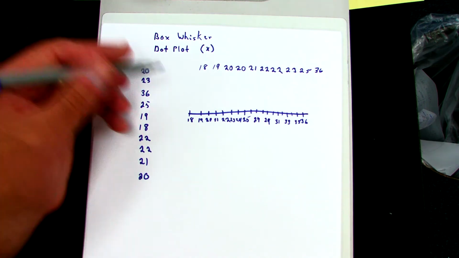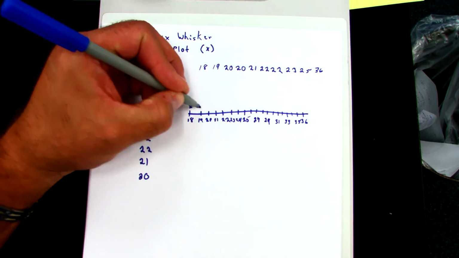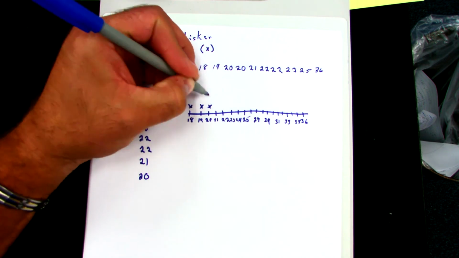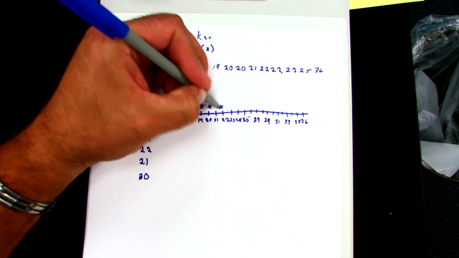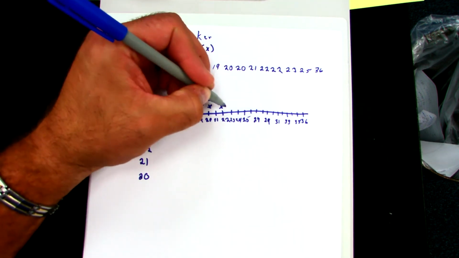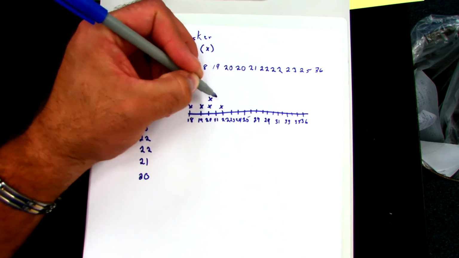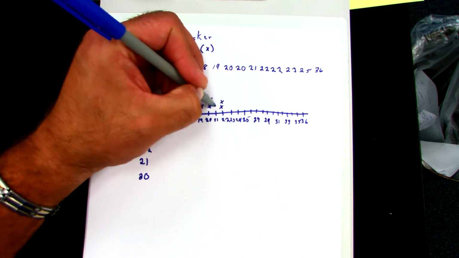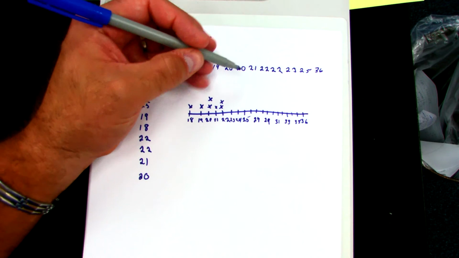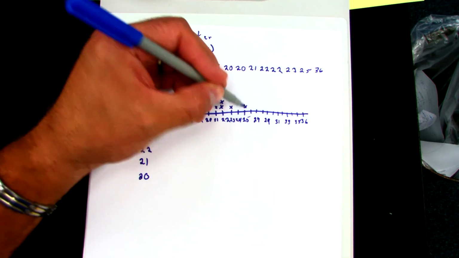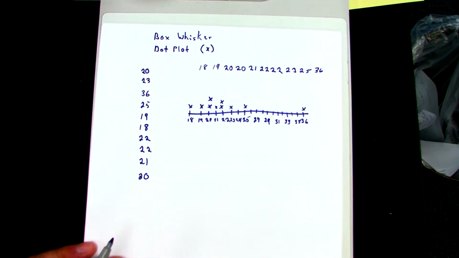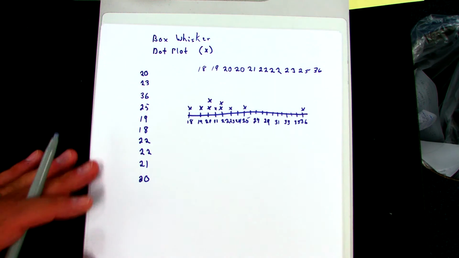Correct. And then I mark those down. So X, X, X, X, X, X, and X, 23, 25, and 36. So there is my dot plot.